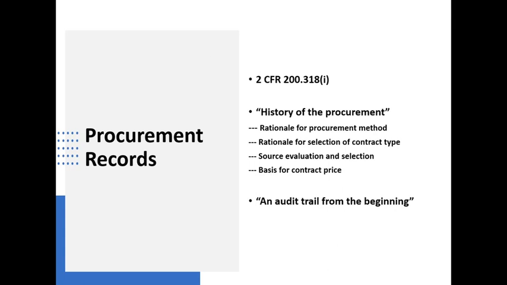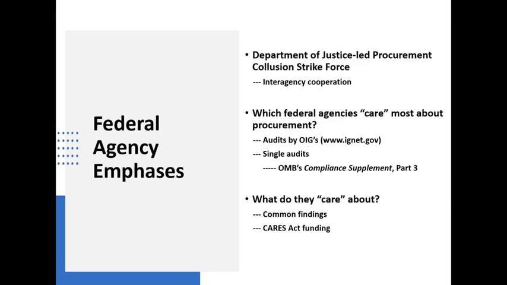You can find out more about why some of these agencies care by looking at the audits that have been conducted related to agencies that are carrying out these sorts of procurements. The inspectors general have a website, ignet.gov, which links you up with every inspector general's office in the government.